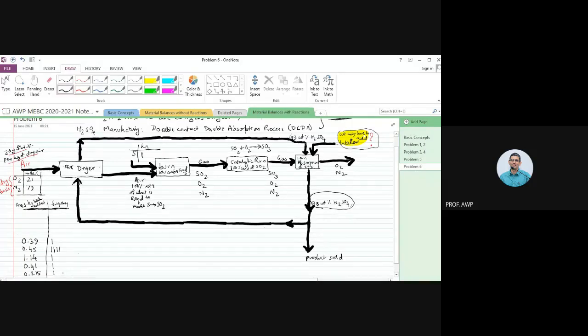Who was getting 1.14? Ria, you are getting 1.14? Yes, sir. Just check your calculations. Something is wrong. Yes, sir. Praveen, any answer? Not yet, sir.